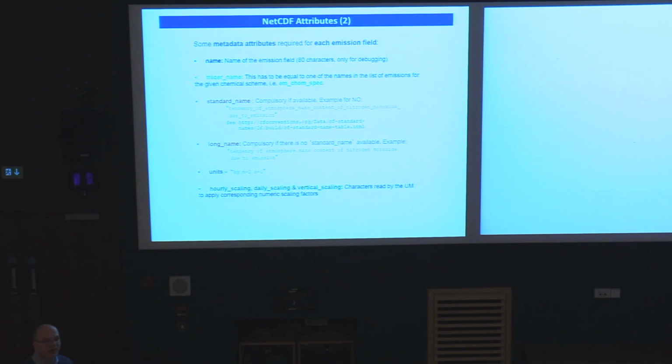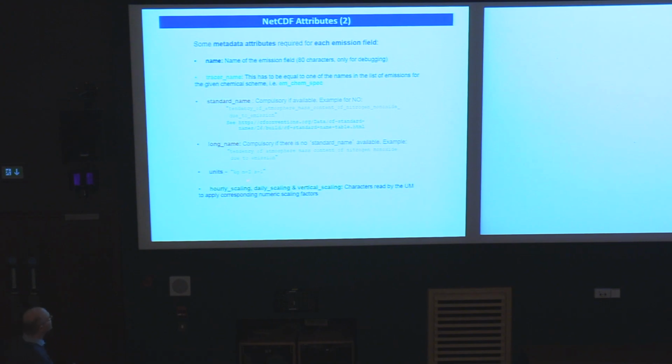The model will complain. It will find out, no, the standard name does actually not exist. Then in this case, you need to use the long name attribute, where you can write in whatever you like. It would be prudent to keep it similar to this to avoid misunderstandings. But you can also say these are surface emissions of nitric oxide. That's no problem at all.